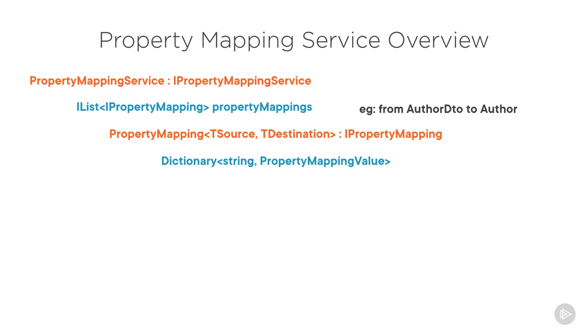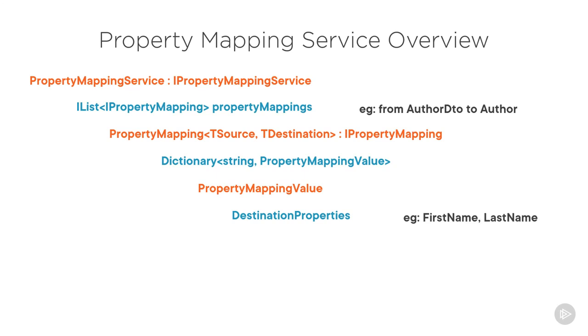So, the dictionary should have the field name of the resource as key, but another object as value, a property mapping value. That property mapping value should then contain a list of destination properties. With that, we can map the name field to first name and last name.